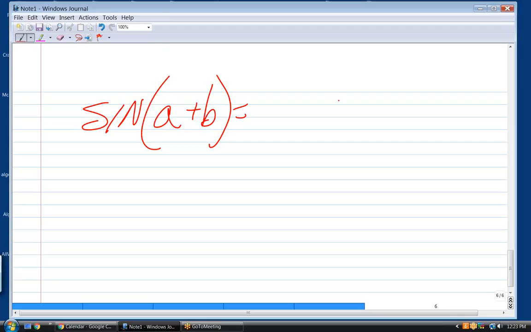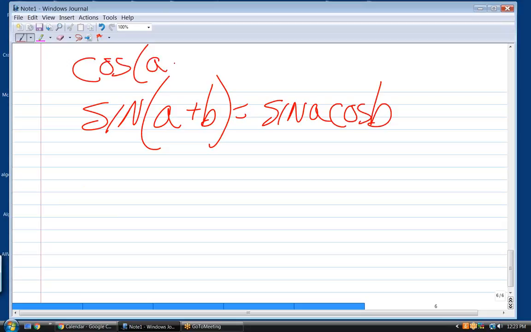Sine A times, is it sine B? No. Is it cosine B? Cosine. Remember that the only one that is the same as the one they teach you at first, if I had said that, is cosine, cosine, sine, sine.